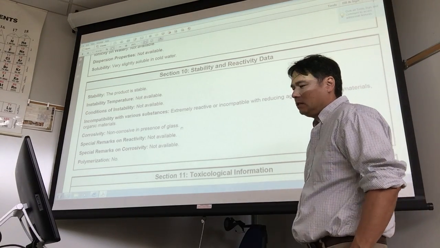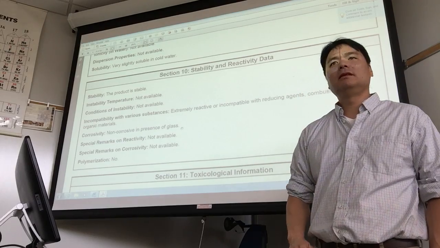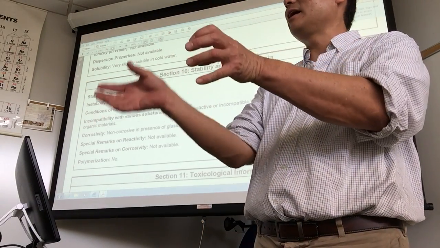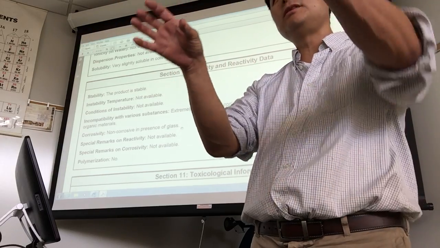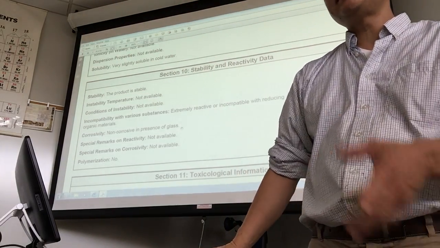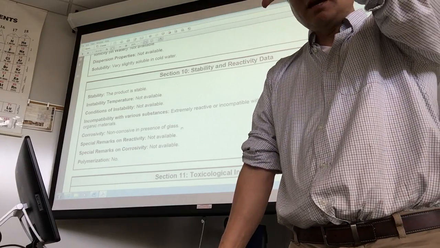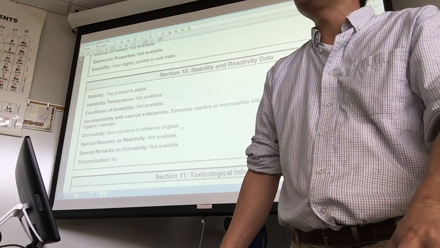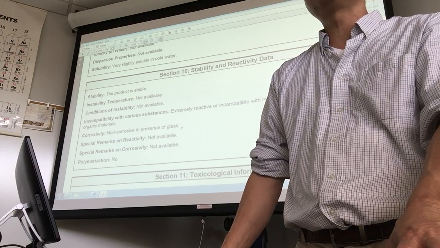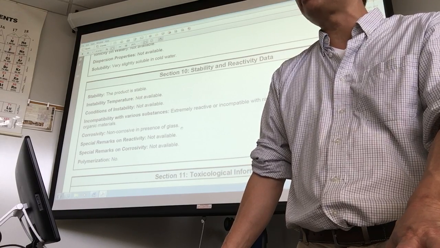It's the same thing here: if you don't know, then there's nothing to be afraid of, right? I can just go ahead and mix the organic with the oxidizer and have no problem. And so this is why I asked some of you, not everybody was at the same point, to tell me a little bit about chloroform, because why the heck are you mixing an organic with an oxidizer like that?